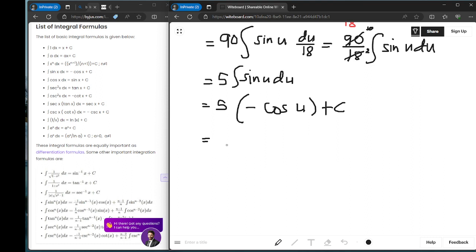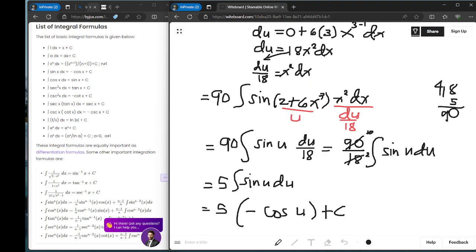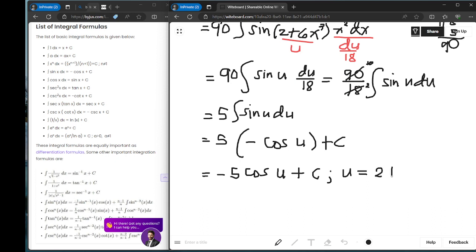Then simplifying further, this will be negative 5 cosine of u plus c, where u is equal to 2 plus 6x cubed.